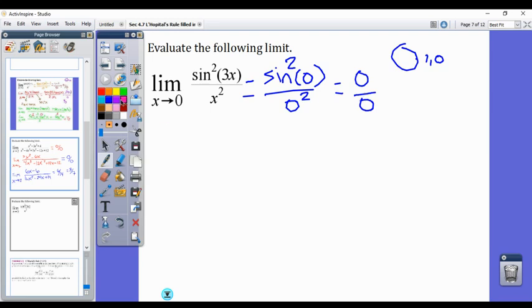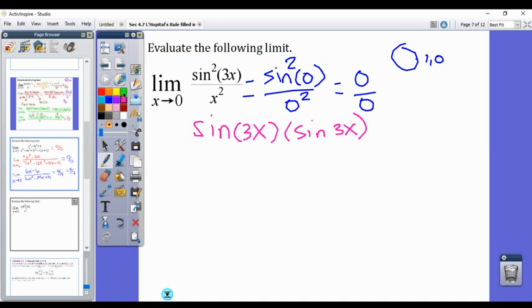And when we're doing this, we're essentially going to have to do the product rule for our numerator and the chain rule. So sine squared 3x is essentially telling me that I have sine 3x times sine 3x. Okay, so I would need to do the chain rule for 3x inside here. And if I took the derivative of that, I'm just going to get 3. So what essentially I'm going to do is take the derivative of sine u, and that's going to give me cosine u.